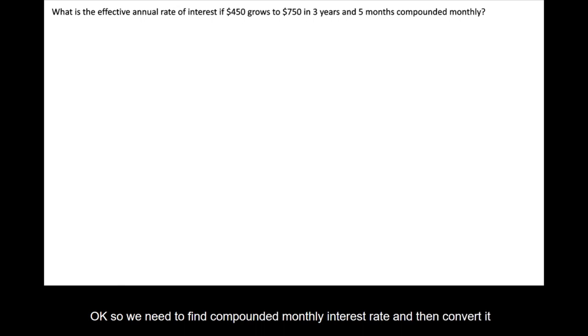Okay. So we need to find the compounded monthly interest rate and then convert it to the effective rate of interest.